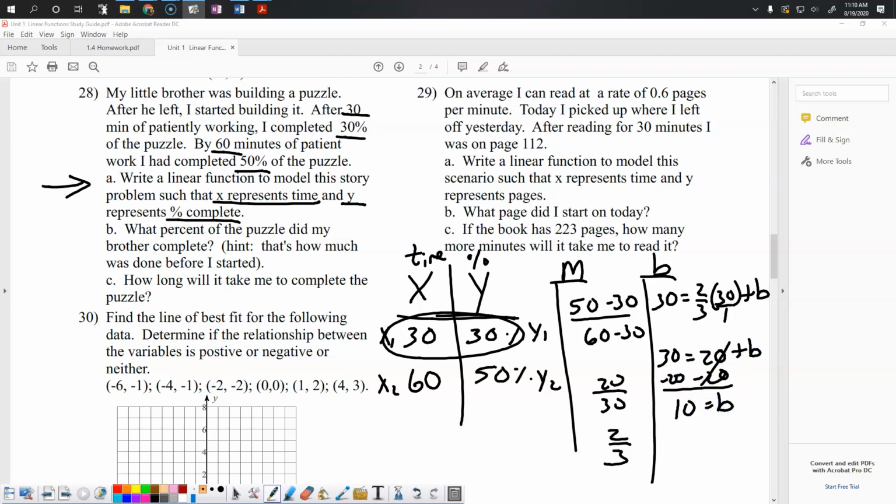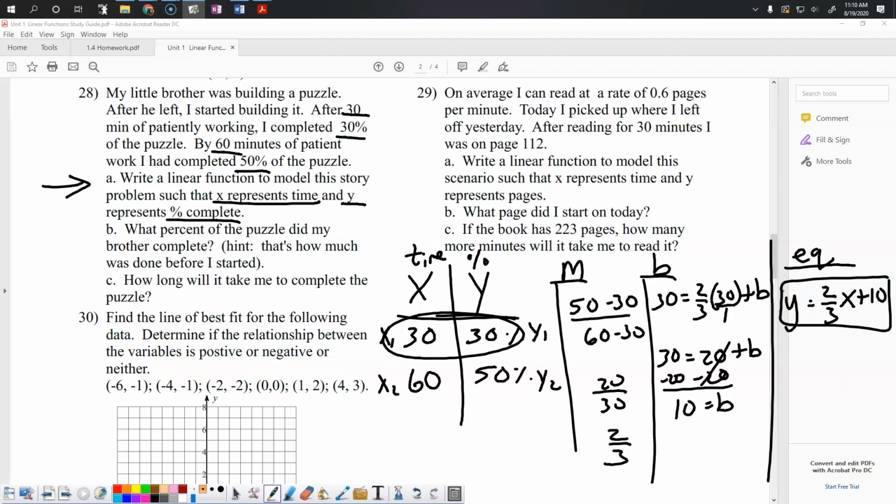And we get b equals 10. So the equation of the line, which is our answer to part A there, is y equals 2/3 x plus 10.